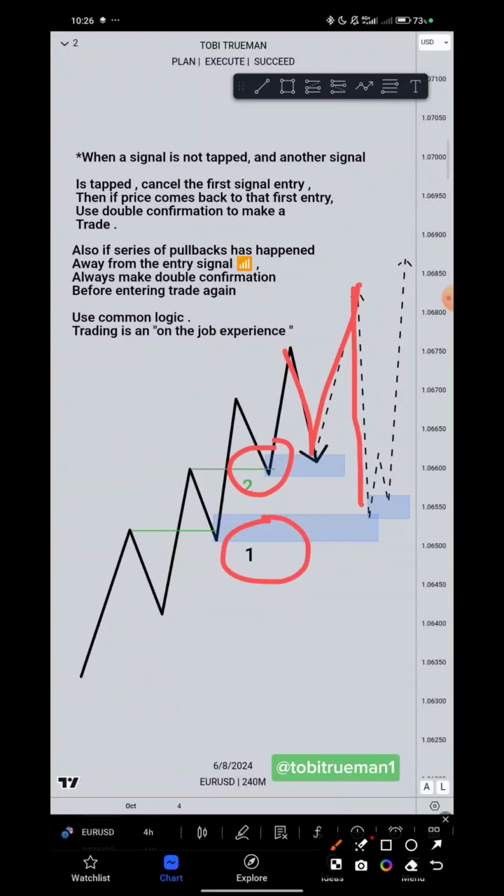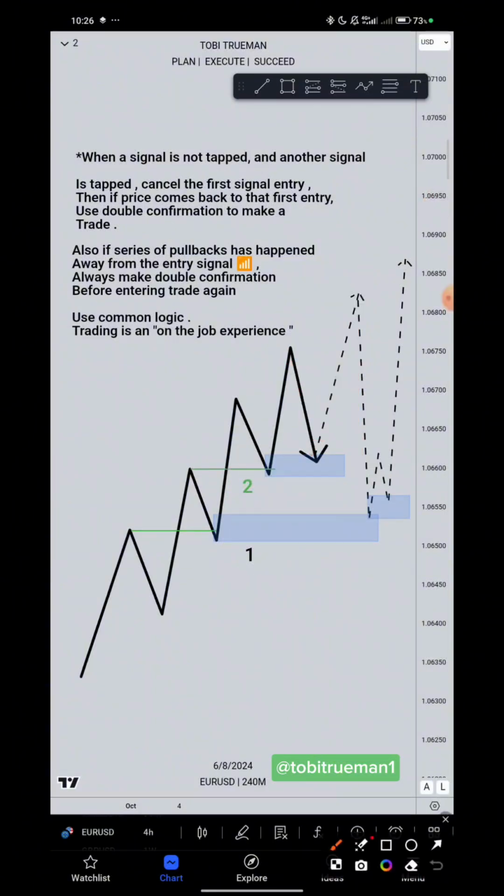In this situation, if maybe we have set our trade here before, since signal 2 has now been activated, when price is coming back to this first signal now, we will cancel the signal we have there and wait for what?